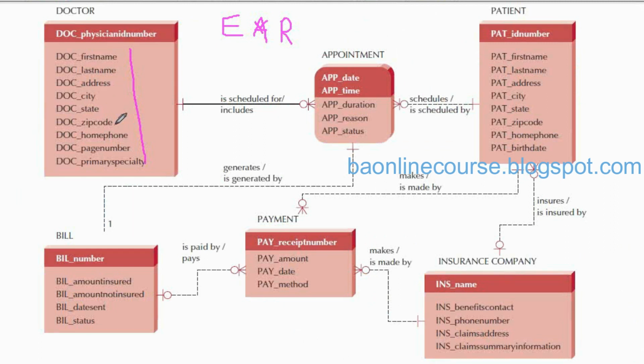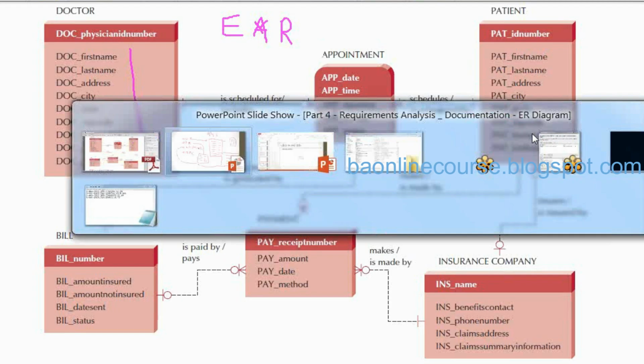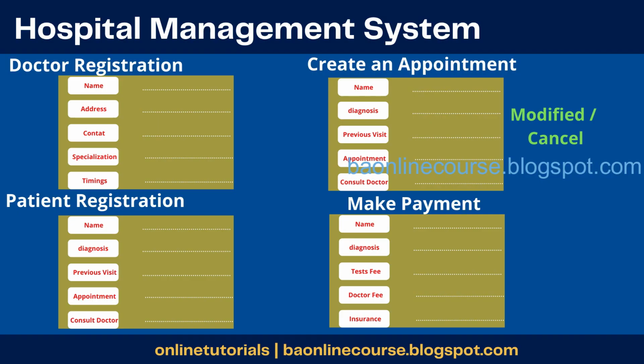Right? So basically all the information related to the doctor you're storing here. All the information related to the patient you're storing here. So what the data modeler, or the technical architect who is designing the database, would do is look at your BRD. He would look at what data you're capturing about each of those entities that he has identified.